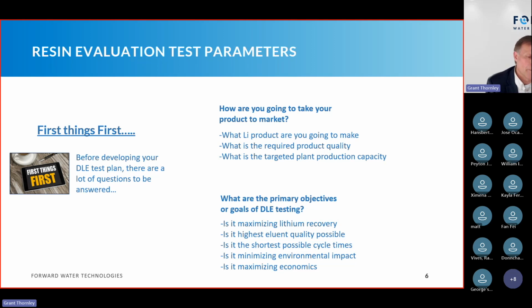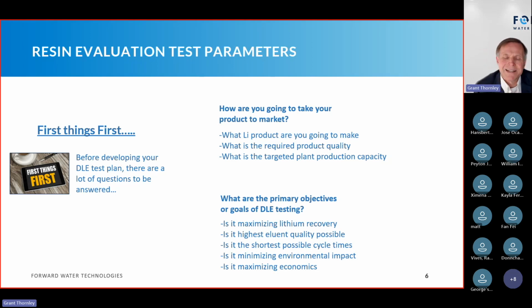Am I trying to get as much cycling in from production time as possible? Is it economics? All those things are factors, but one may be more predominant than another. Let me give you an example. If I'm trying to maximize the lithium recovery, then that's fine, I'll run my cycling right to the very end.